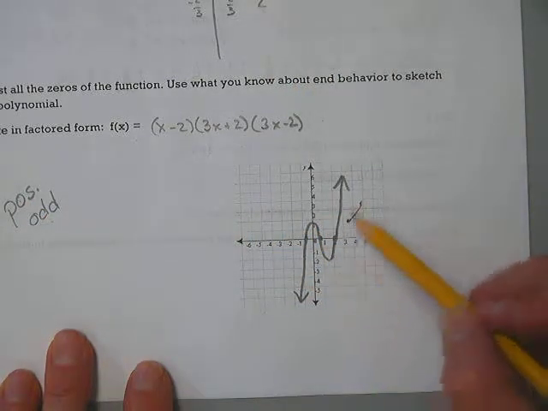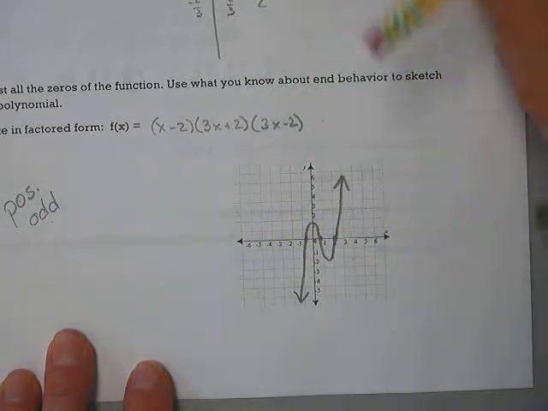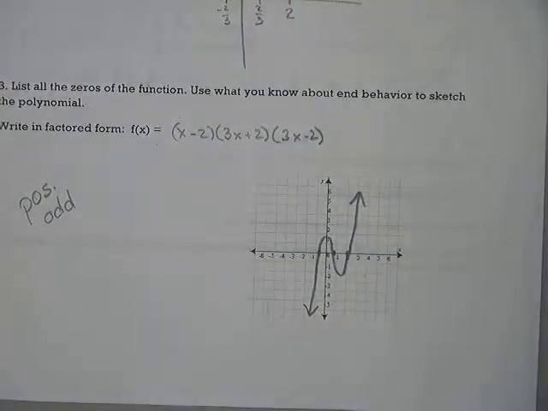Down on this side, up on that side. So then what you do is you just go through. There you go. That's your function right there. That's all I'm going to be asking you to do: place the zeros in, check that it's positive odd, and then draw your function.